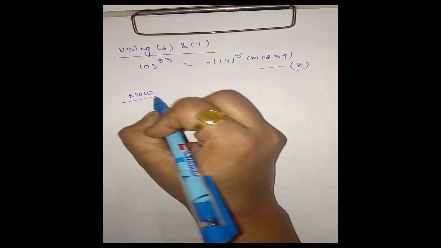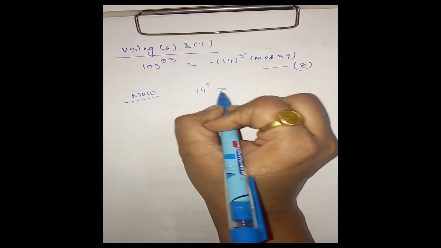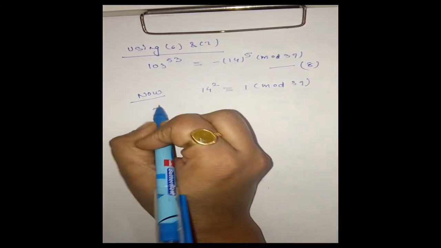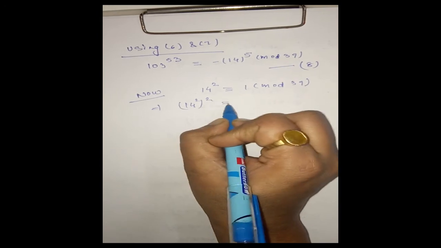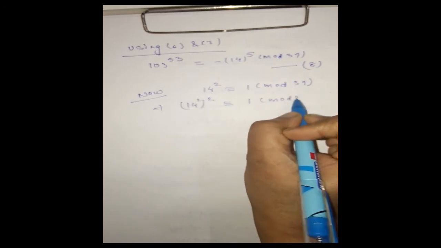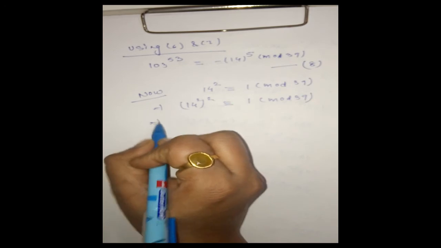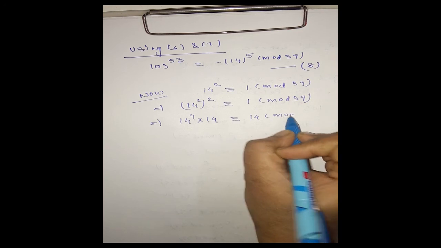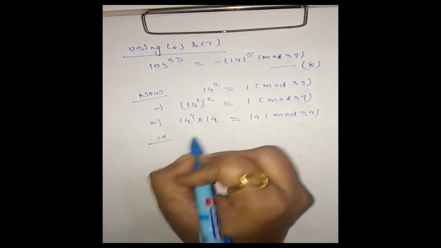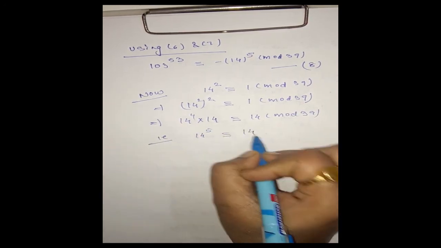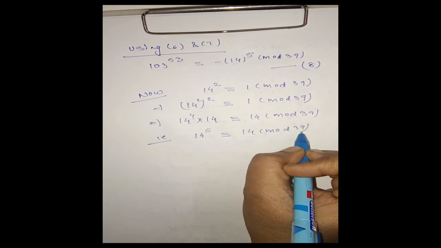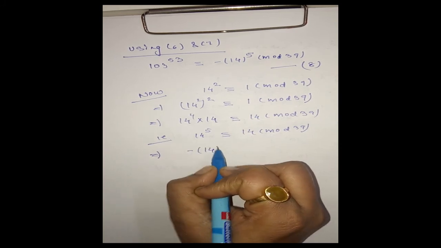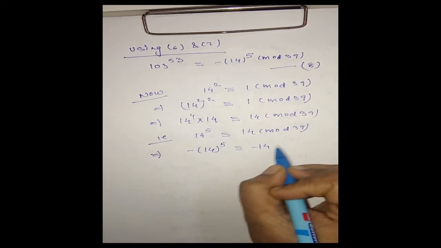Now 14 square is congruent to 1 modulo 39. This gives us 14 square squared congruent to this. Now multiplying by 14 both sides, we have this, that is 14 power 5 is congruent to 14 modulo 39, and this will give us minus 14 modulo 39.